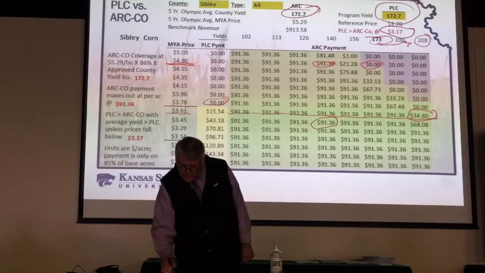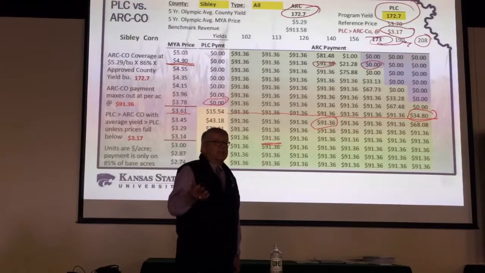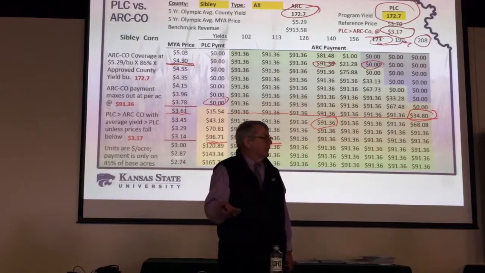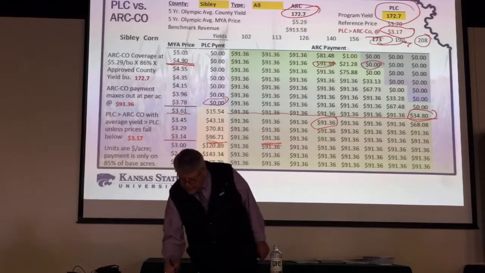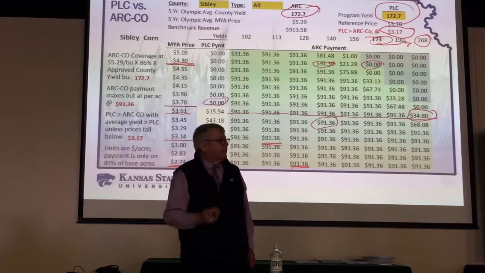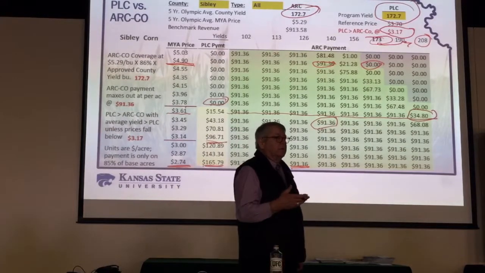When prices get below 317, at that point it starts to exceed what you get from ARC County. It's not that you don't get paid by ARC County, you just get paid more from PLC if the price drops below 317. So if we got to 274, you're looking at $165 and change versus 91 under the county program, substantially higher payment. So that's the decision you have to make.